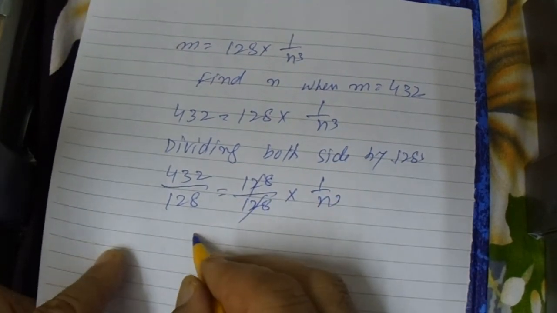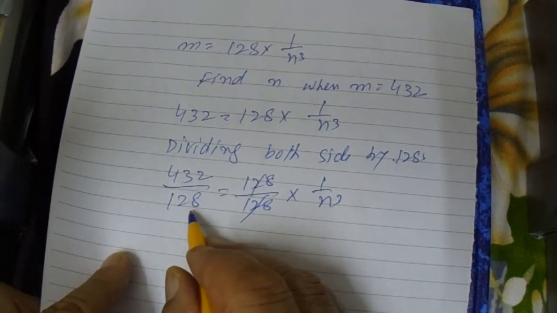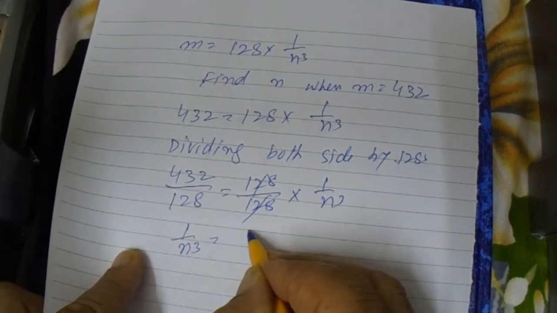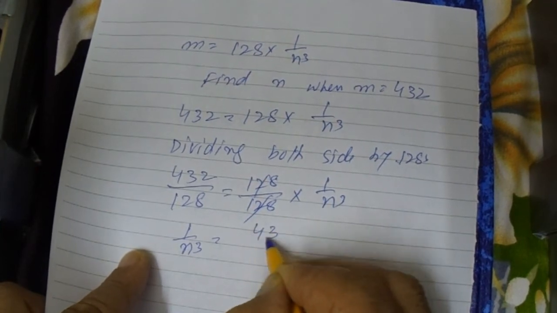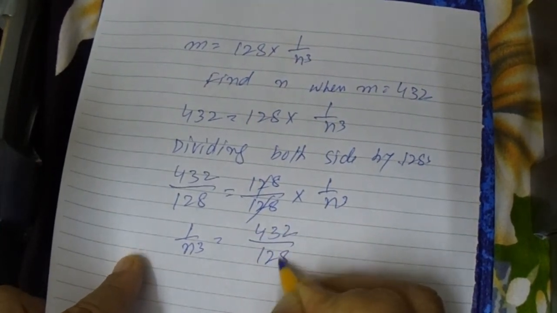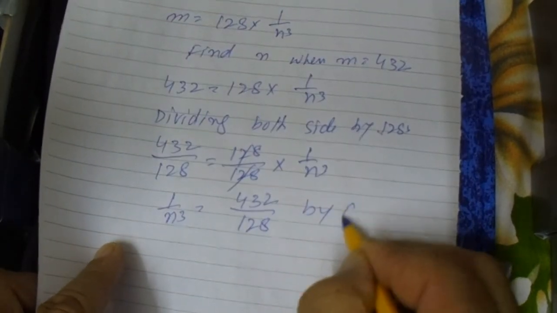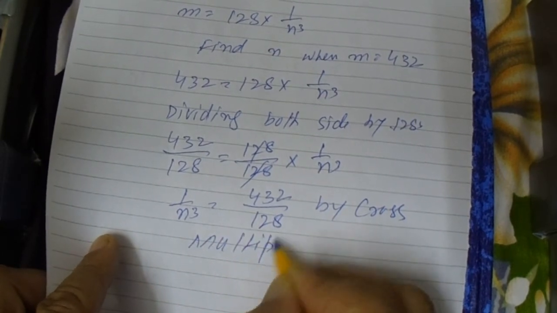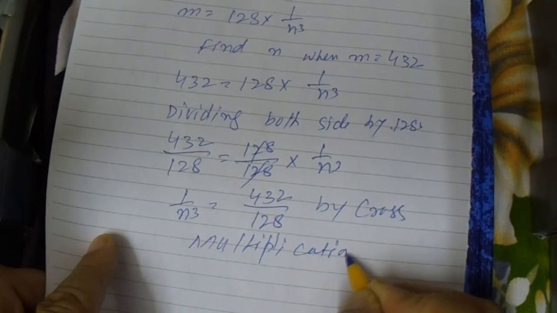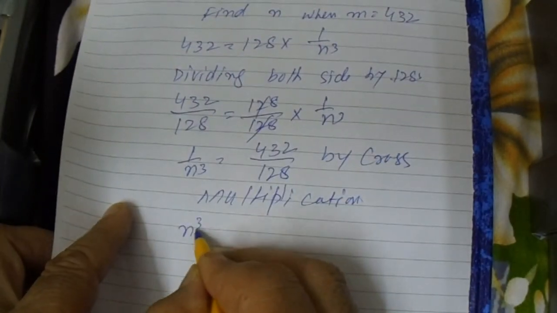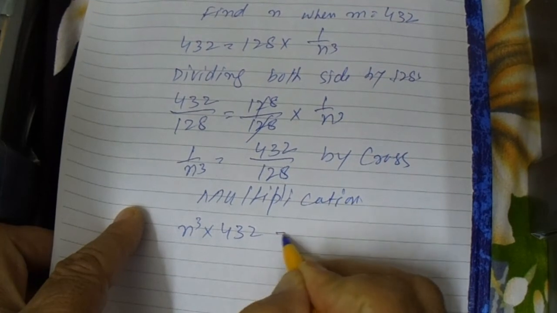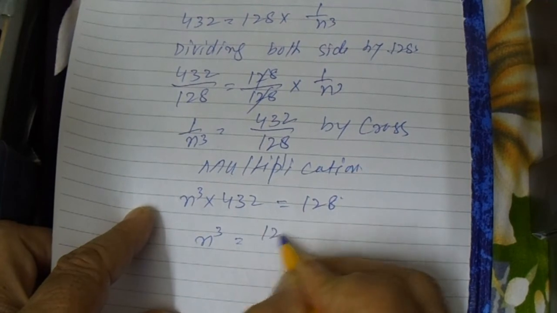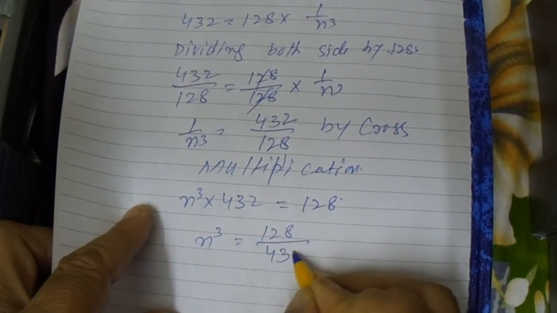This will cancel, and we write 1 over n cube is equal to 432 over 128. By cross multiplication, we get n cube multiplied by 432 is equal to 128, and n cube is equal to 128 over 432.